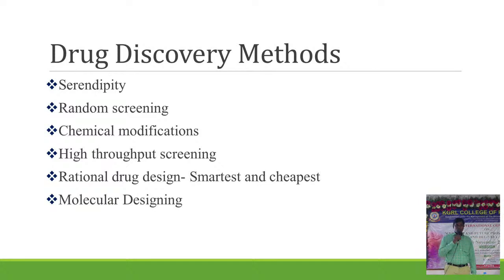I will speak for 5 minutes about rational drug design, because if anyone is interested, this is the process of how to start the discovery of a molecule or the researching of a new molecule. In rational drug design, it starts with the finding of the target.